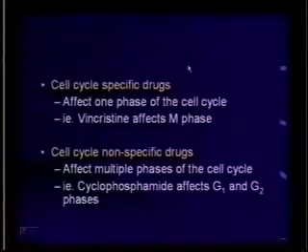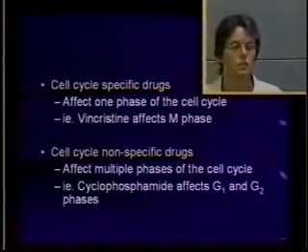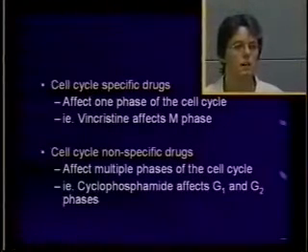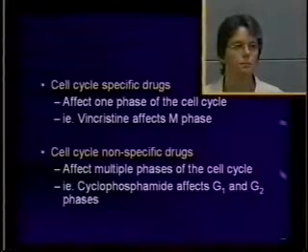When we speak of cancer drugs, we break them down into 2 major types. Cell cycle specific drugs, which affect one phase of the cell cycle, such as vincristine, which affects the M or the mitotic phase. Cell cycle non-specific drugs tend to affect more than one phase of the cell cycle. For example, cyclophosphamide affects both the G1 and the G2 phases.